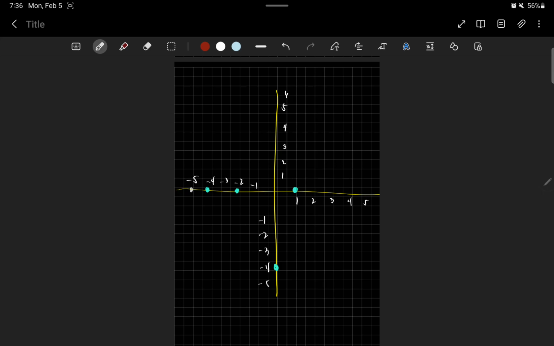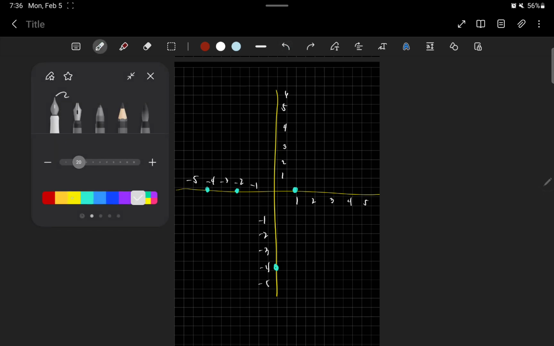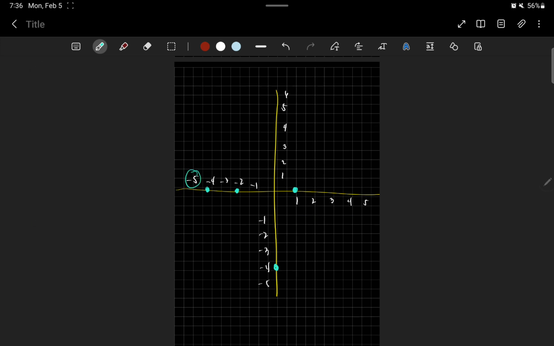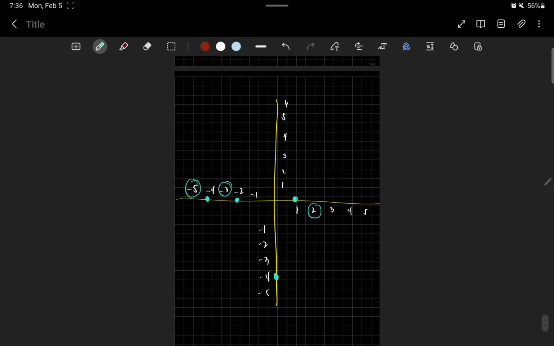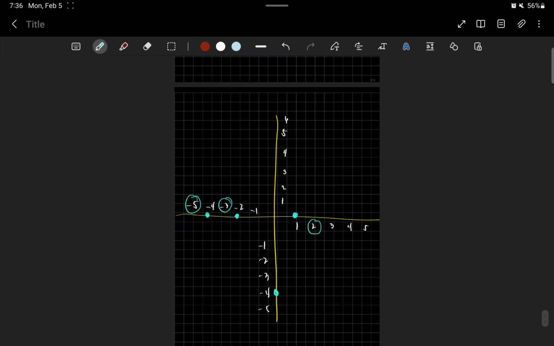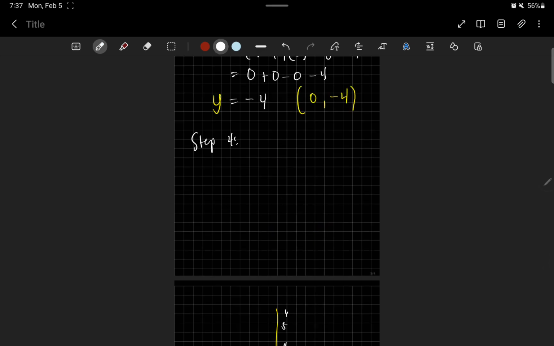The -5, that is one of the companions. Then between -4 and -2 is -3. Then on the right side of 1 is positive 2. Now, those companions we will use as our values for x. Again, -5, -3, and 2 are the companions.